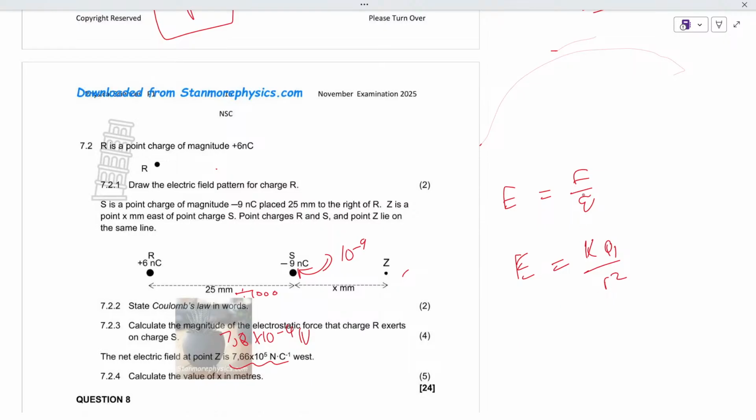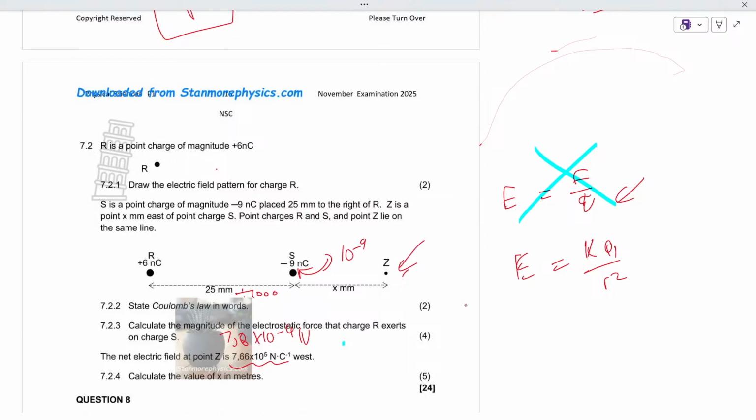This Q is the charge at Z, and we are not told the charge of Z, so this formula is out. If we knew the charge of Z, we would have just substituted the force here. But now, because we don't have that charge on Z, we have to use this formula.